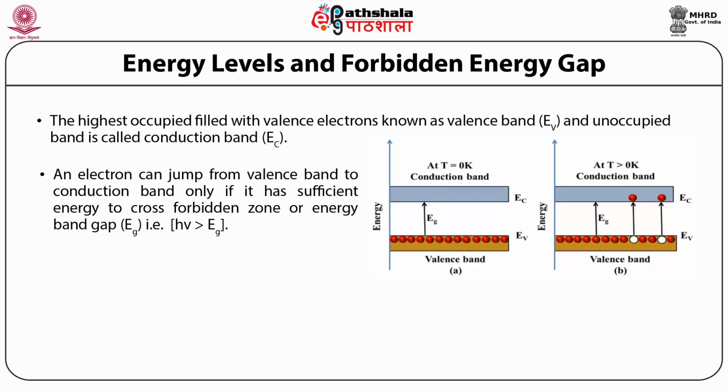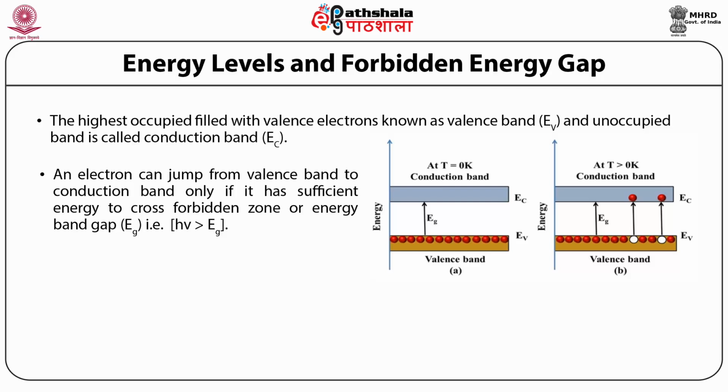At low temperature, as shown in figure A, there is no transition of electrons from the valence band to the conduction band. But when the temperature is raised above 0 Kelvin, as shown in figure B, the electrons achieve sufficient energy to cross the barrier and move from the valence band to the conduction band.